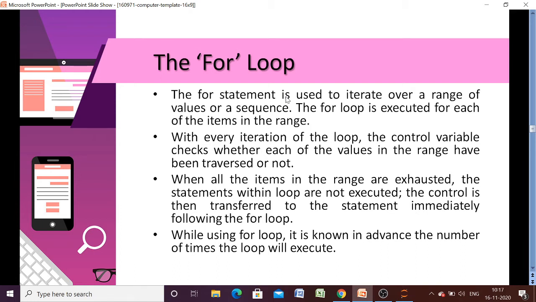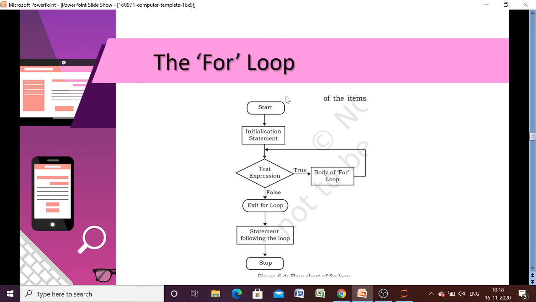The for loop will execute for each of the items in the range or the sequence. With every iteration, the control variable checks whether each of the values in the range has been traversed or not. When all the items of the range or the sequence have been traversed, the loop will be terminated. That is how the for loop is going to execute.